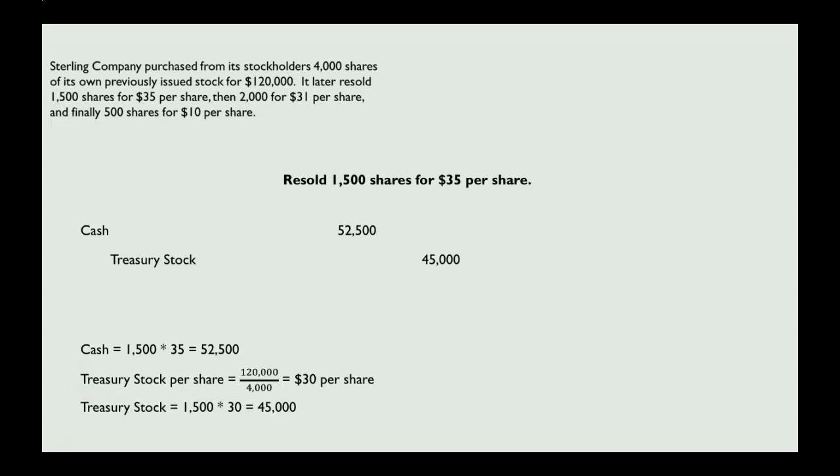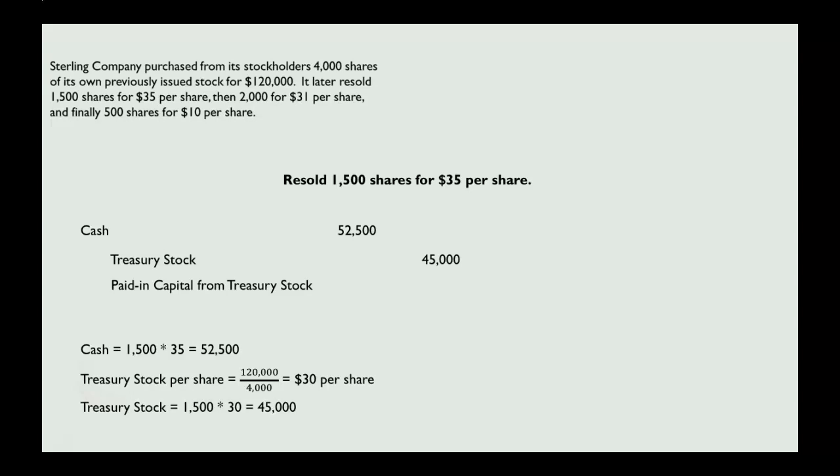That's because we sold these shares at a different price than what we initially bought them back for. So that's when we will have to include our paid-in capital from treasury stock. Now, there's a few different ways that you can figure out your paid-in capital from treasury stock amount here, right? We know that our debits and credits have to equal. So we could just do 52,500 minus 45,000.